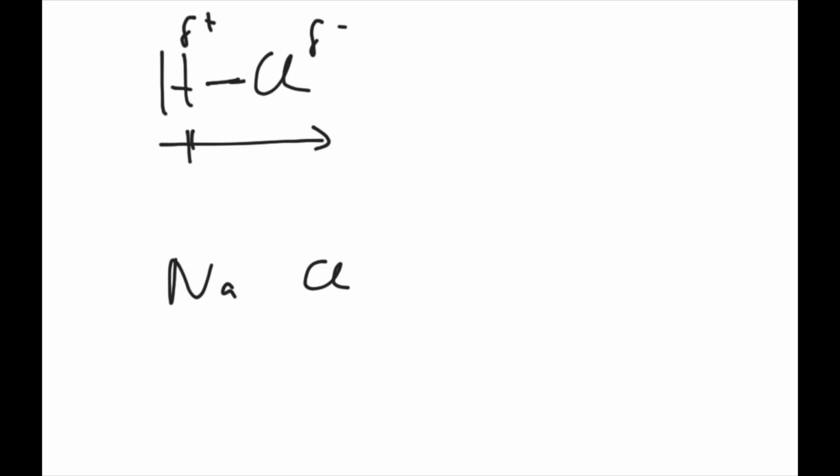In the sodium chloride molecule, there is no sharing of electrons. The electrons are given off wholly by sodium and given to the chlorine, and there is a full positive and a full negative charge on each one of these atoms. There is a difference between these two.